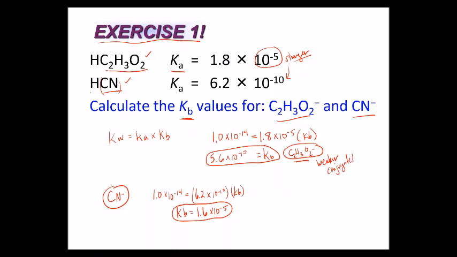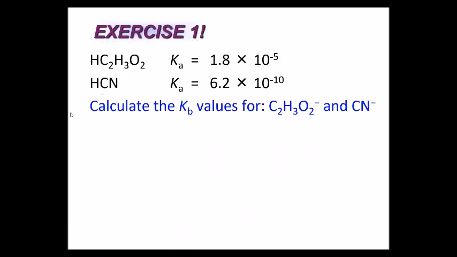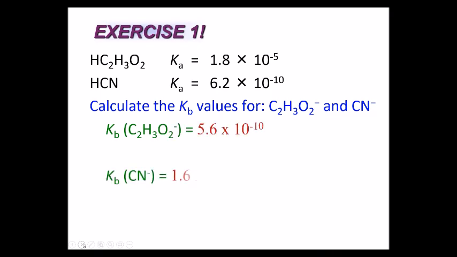So this conjugate base is weaker, whereas the cyanide, which is 1.6 times 10 to the minus 5, is going to be stronger in terms of the two conjugate bases, if we're just comparing those two directly. And our answers do match, which is good.